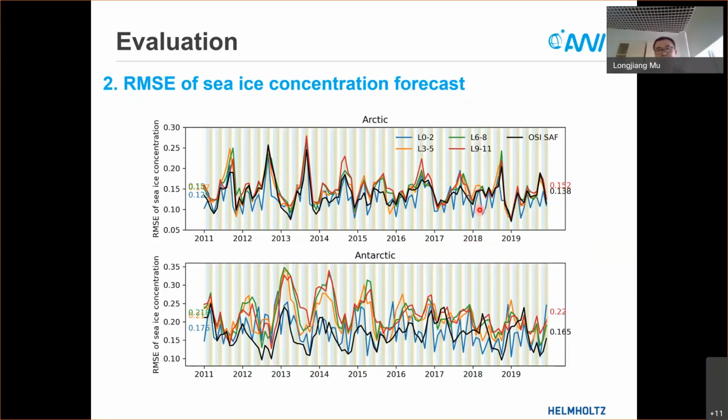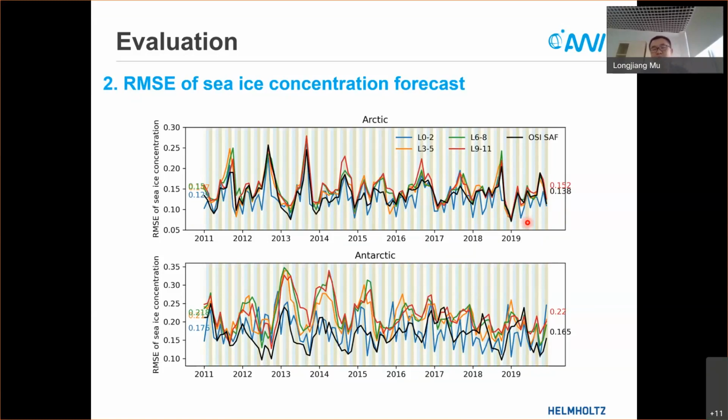But it is interesting to find that all our forecasts only with lead time of 0 to 2 months can really beat the climatology forecast. That is to say that if we have a forecast that is longer than 3 months, we can just use the historical observations as a forecast.